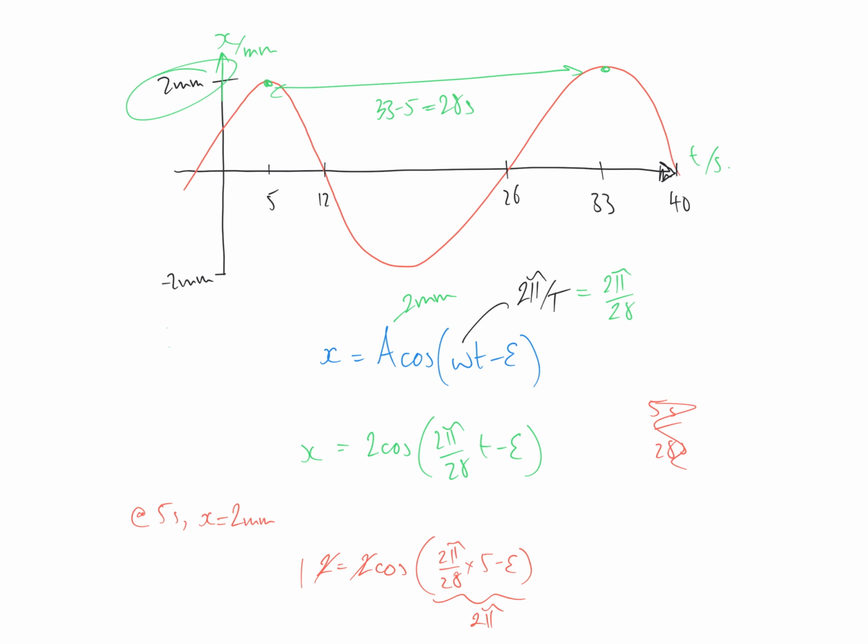Let's work that through then. 2 pi times 5 over 28 minus eta is 2 pi. Therefore, 2 pi times (5 over 28 minus 1) equals eta, which, once I've substituted it all in, gives me something of the order of minus 1.12 radians.